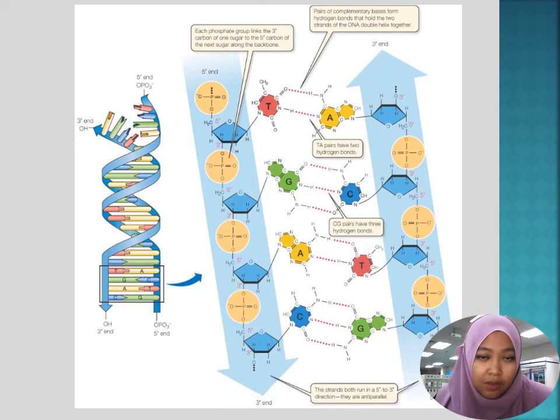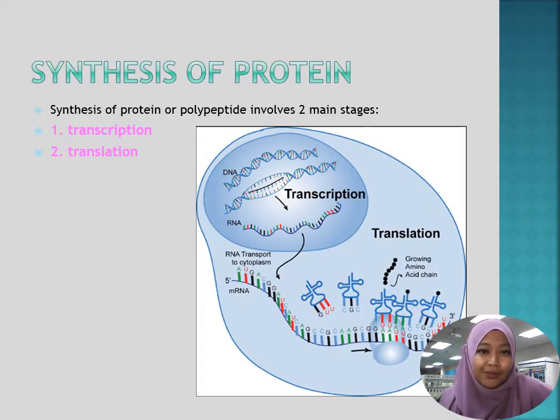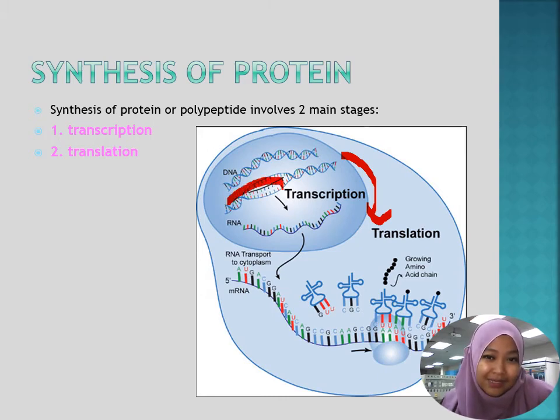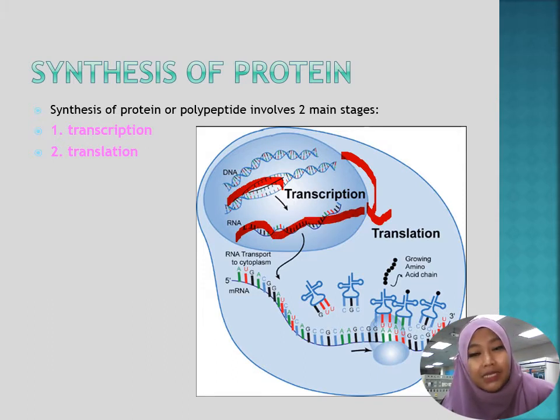Right now we're going to show you the DNA. Synthesis of protein has two main stages: transcription and translation. Transcription is copying the sequence of bases from DNA into the mRNA, like a copy of the secret recipe to make a certain protein, a specific gene. Transcription happens inside the nucleus.